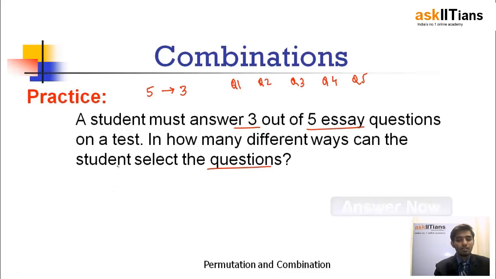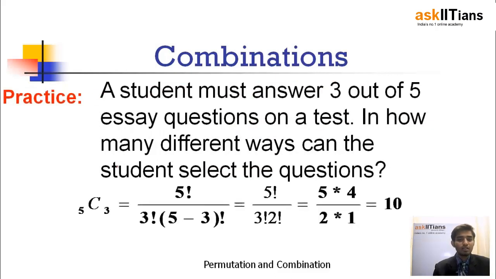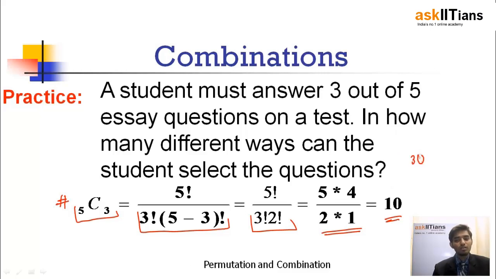So the number of ways in which this can be done is given by 5C3. 5C3 is again given by 5 factorial by 3 factorial times (5 minus 3) factorial, which is 5 factorial by 3 factorial 2 factorial, which is 5 into 4 divided by 2 into 1, which is 10. So there are 10 possible ways in which I can select 3 questions out of 5 questions.